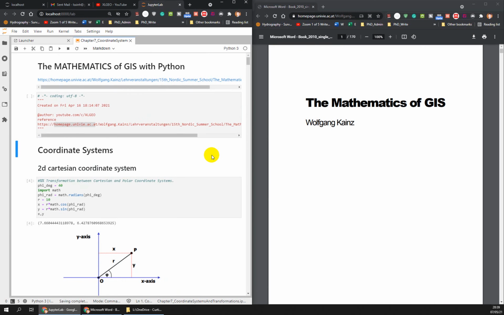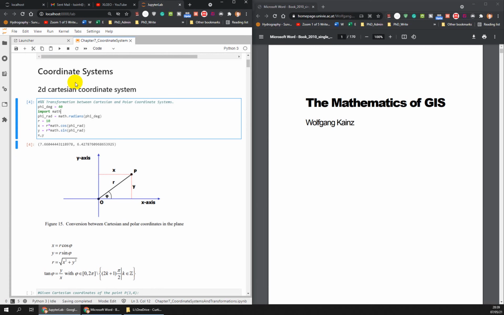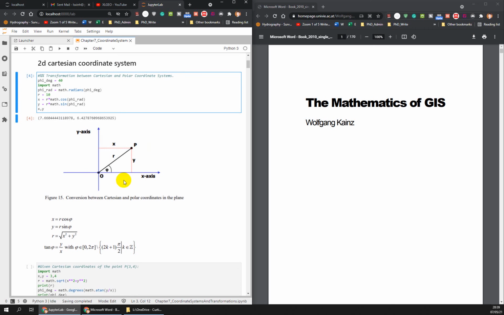The first thing we're going to look at is coordinate systems. The first topic in coordinate systems is the 2D Cartesian coordinate system, or just converting coordinate values from Cartesian coordinates to polar coordinates. We follow this figure, and it is pretty basic in GIS and surveying and mapping.